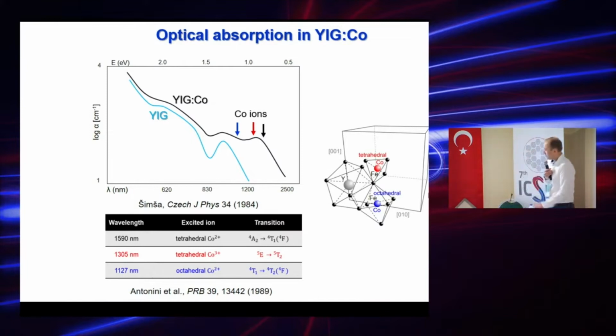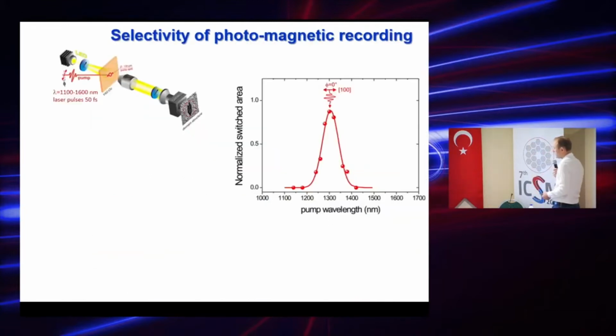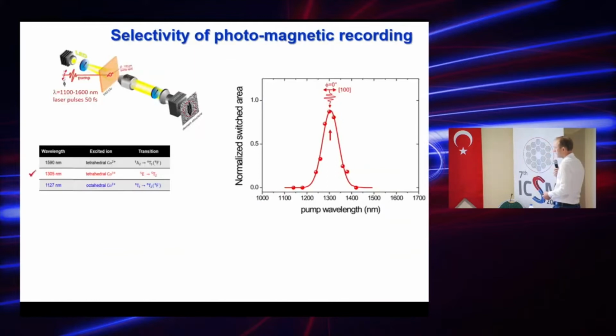So in the table we can see some electron transitions in different sublattices of the cobalt ion. This is a theoretical prediction, and in our investigation we can verify such transitions by observing the switching. We will start from our previous experiment.